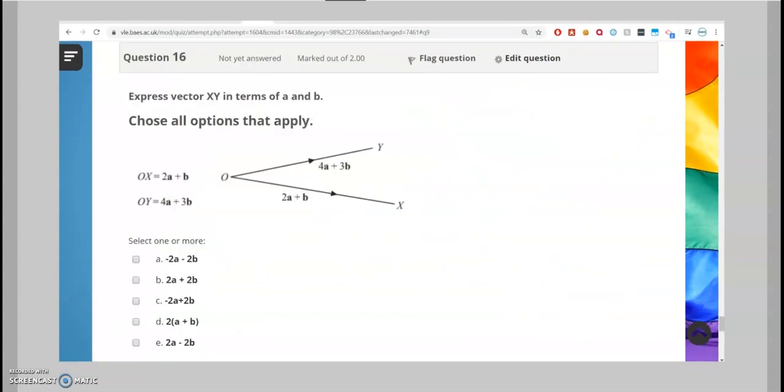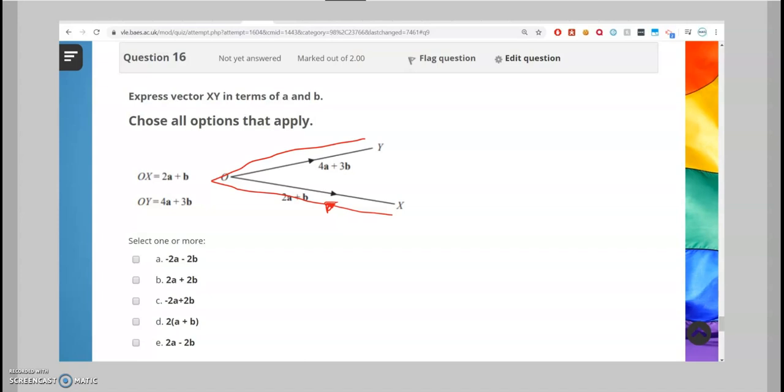Express vector xy in terms of a and b. Choose all options that apply. So we're going from x to y. So we're going this way, then this way. Since going this way means we'd have to change the signs.